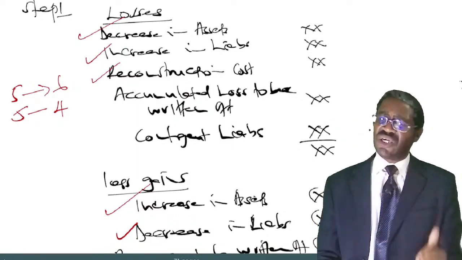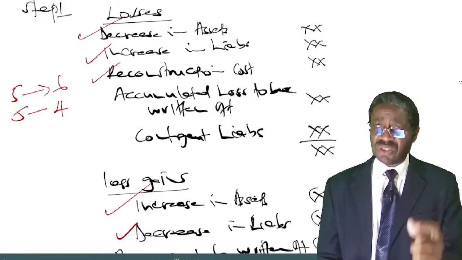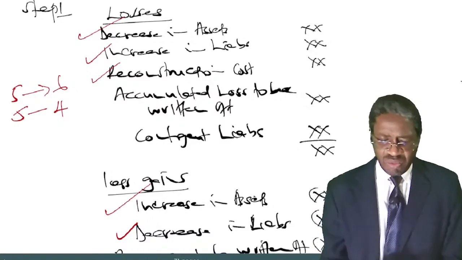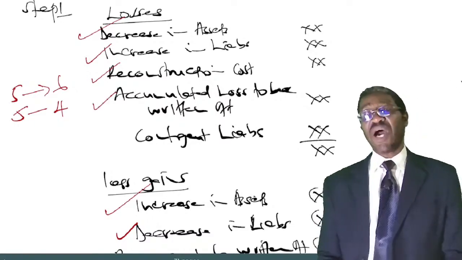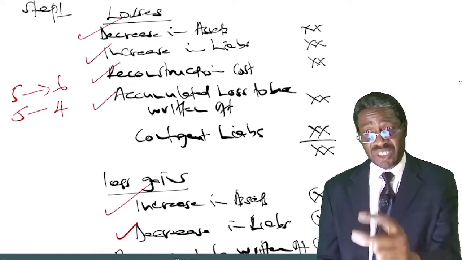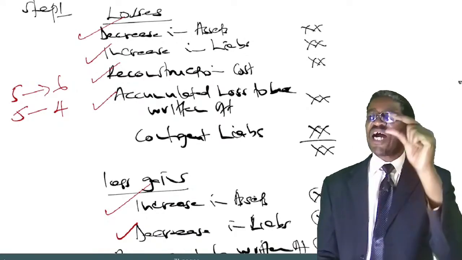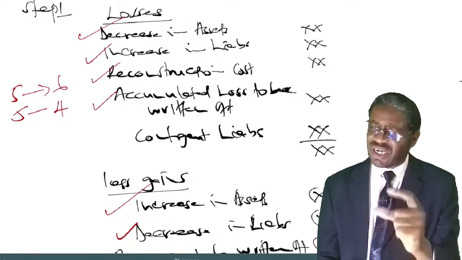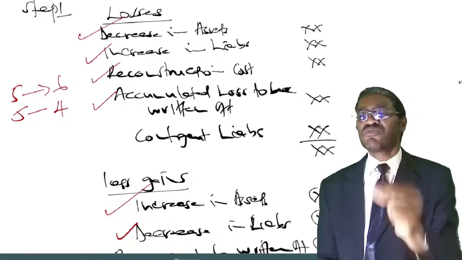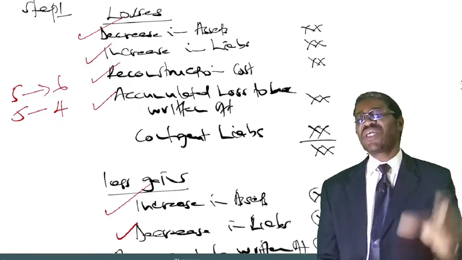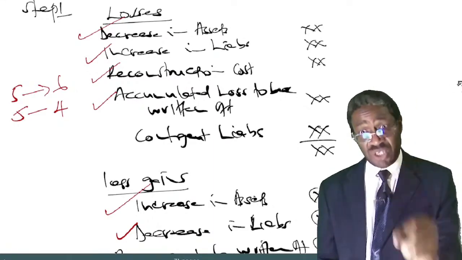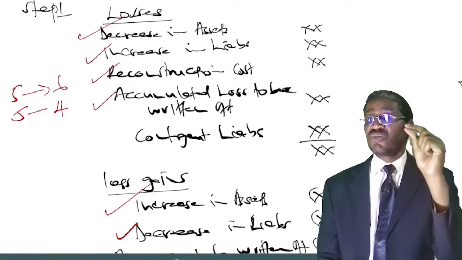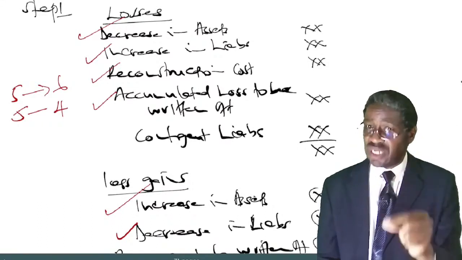Of course, that will make your company suffer a loss. They also said accumulated losses, which I told you, and I hope you have not forgotten. We said in a reconstruction of a company, any accumulated losses of the company must be written off. Whether the examiner reminds you or does not remind you, I hope you still remember that. We said they must be written off.